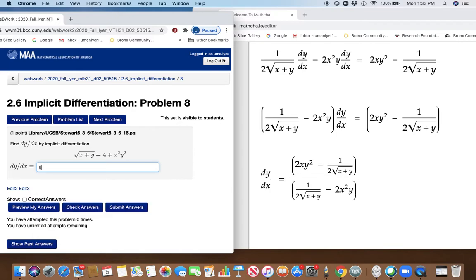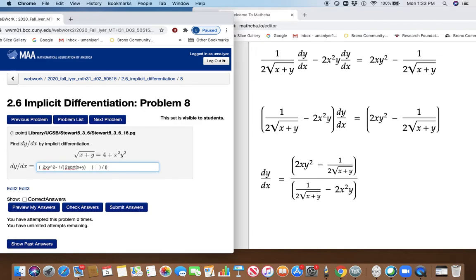There is a numerator over a denominator. The numerator is complicated, the denominator is complicated. So the numerator is 2xy to the power 2 minus 1 over, so you see there is a 2 and a square root, so I better put it in parentheses, 2 square root of x plus y.